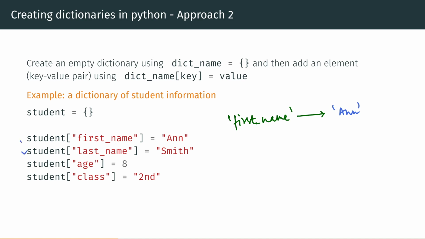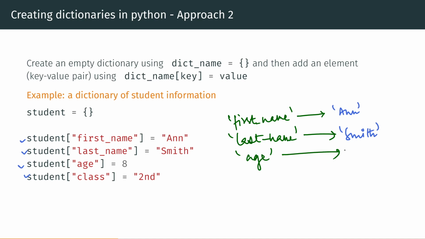The next time you add the next key, last name equals Smith, it adds another element, where the last name is the key and Smith is the value. You keep executing these statements and it keeps adding keys to the dictionary. The next time it would add another key, called age, and the value mapped to that key would be 8.